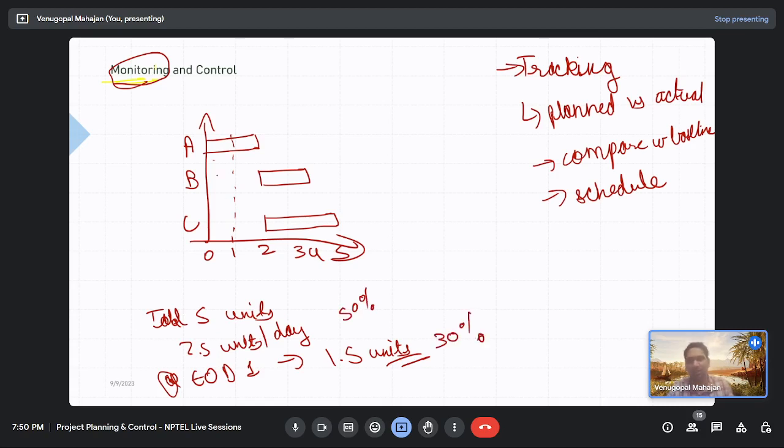So how can I show this 30%? You guys have to help me here.